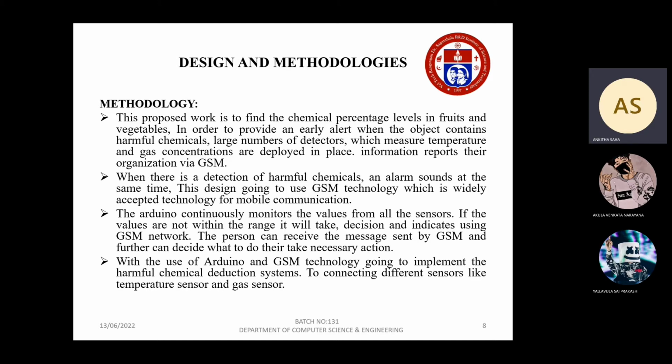When harmful chemicals are detected, an alarm sounds. At the same time, this is designed using GSM technology. The Arduino continuously monitors the value from the sensor. If the values are not within range, it will take a decision and indicate using the GSM network. With the use of Arduino and GSM technology, we are going to implement the harmful chemical detection system.